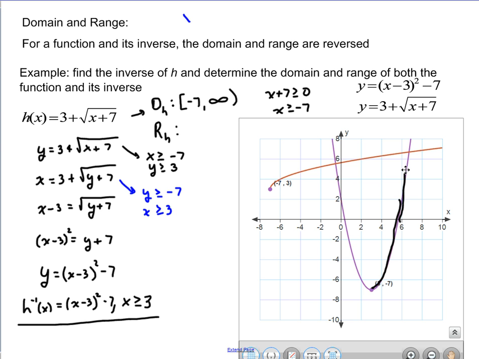So let's see if I can get a decent looking plot right there. I know this isn't exactly great, but you get the idea. My graph of the inverse function.